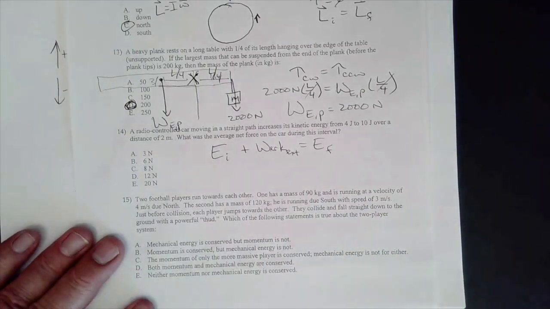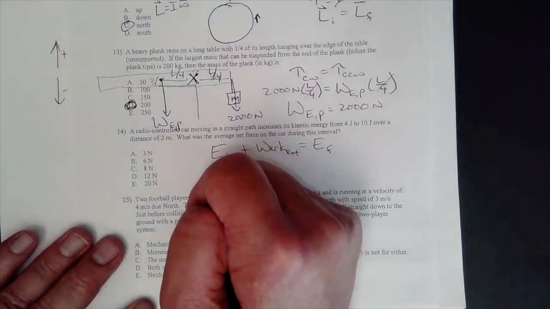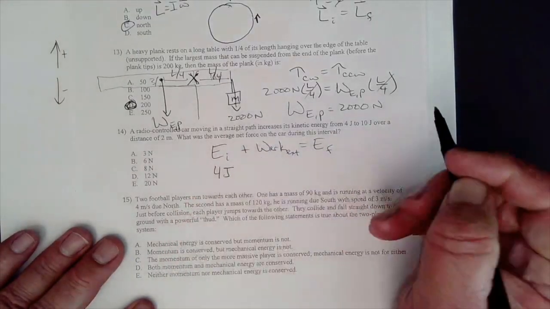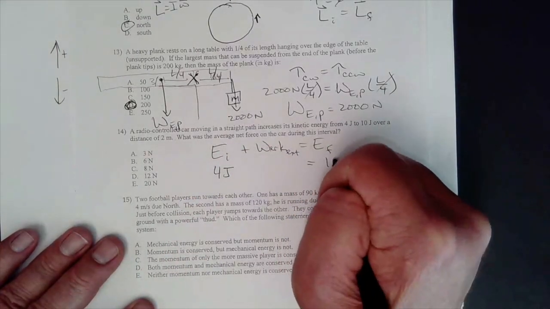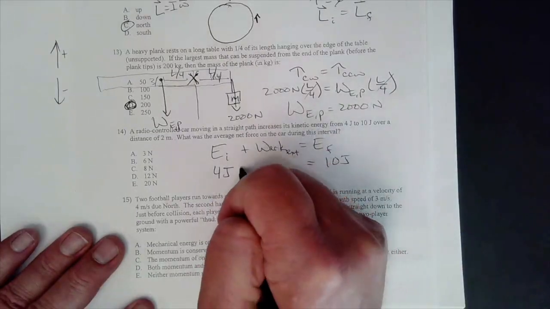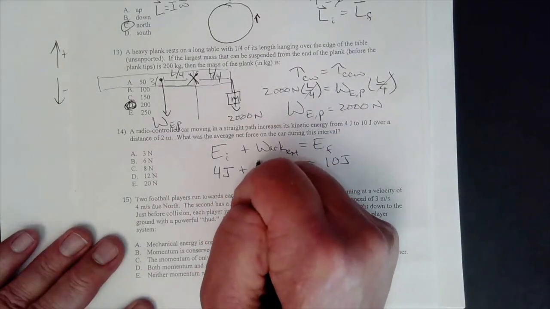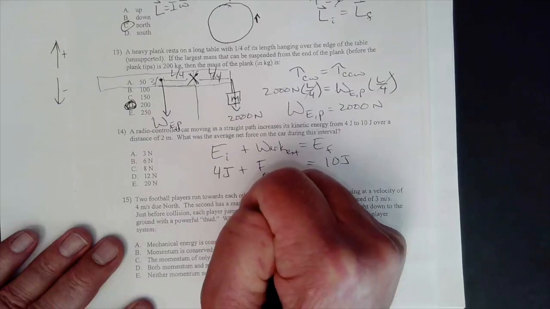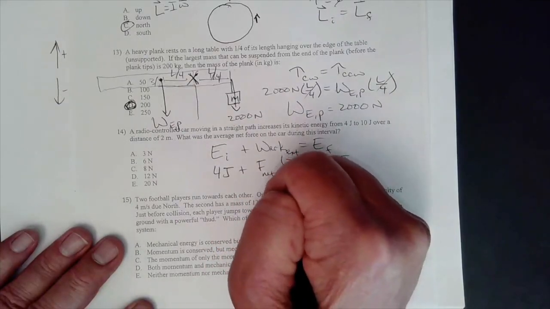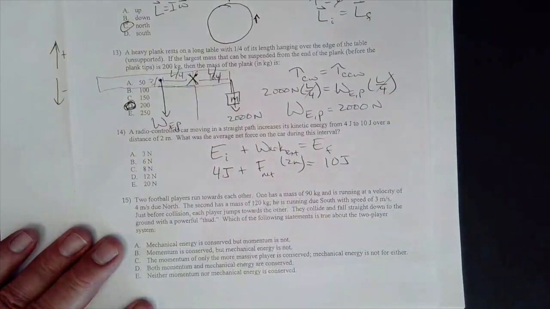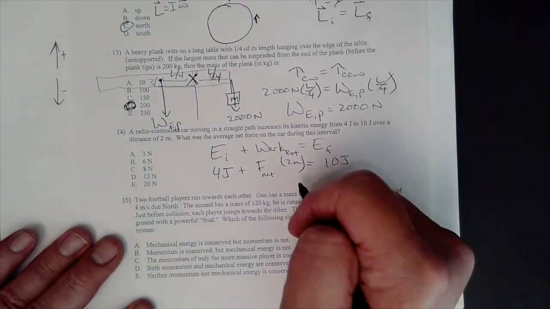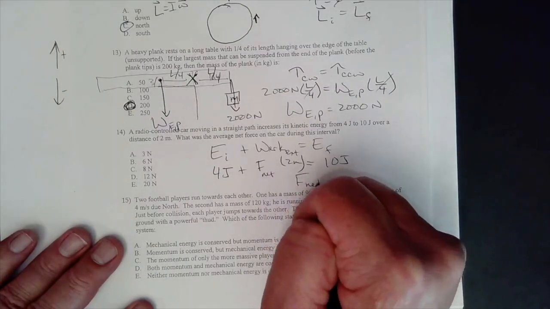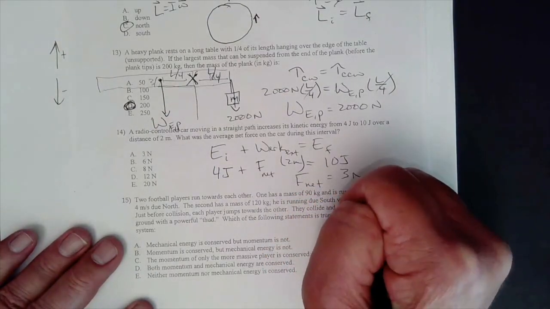So here we start with 4 joules, we end with 10 joules, and the work is done by a force acting over 2 meters. And so if I solve this, I get a net force of 3 newtons. And so the answer is A.